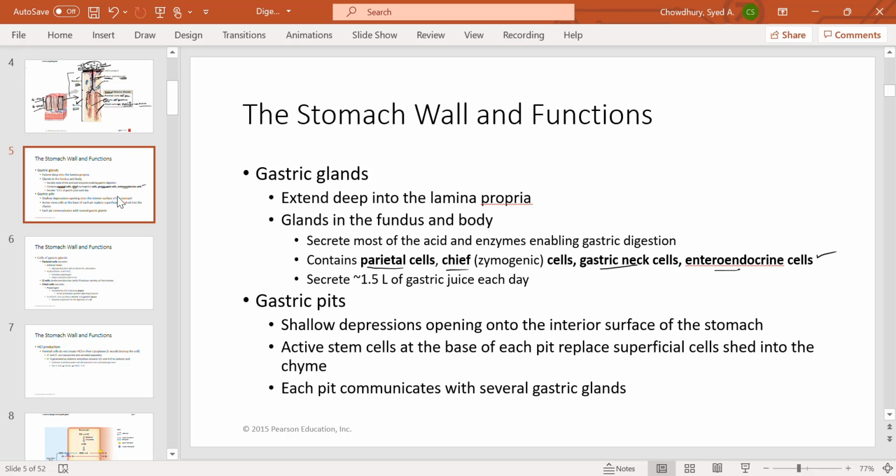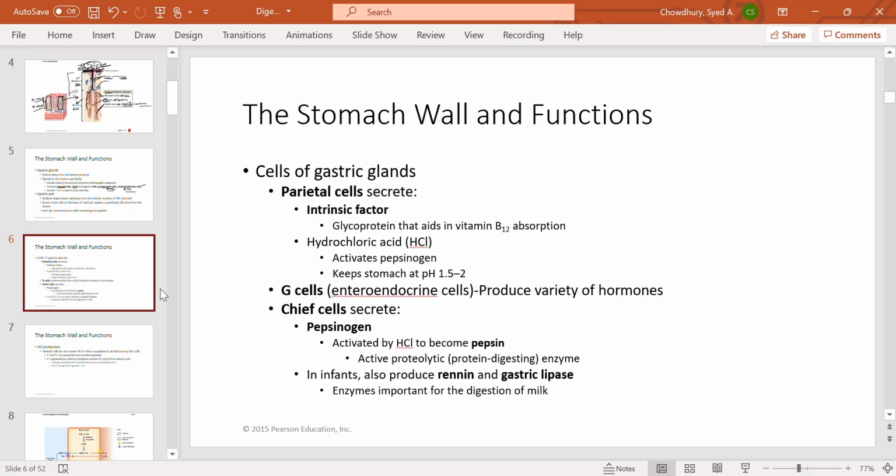These are mucus cells that I showed you, mucus cells, and G cells. Okay, now as I already mentioned, parietal cells secrete hydrochloric acid, right, and activate pepsinogen to convert inactive pepsinogen to active pepsin that I showed you before.